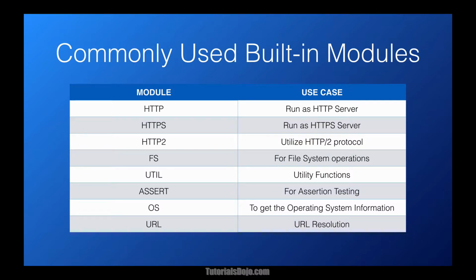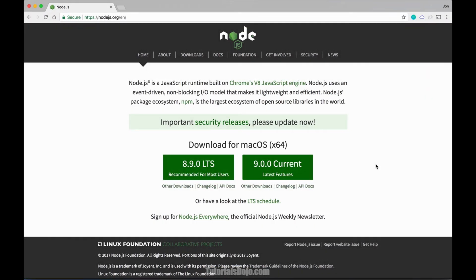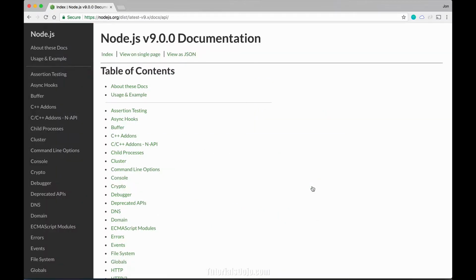Just go to the Node.js website and select the API docs link. In here, just go to version 9 and then under that, select the API docs link. And this is the official Node.js 9 API documentation.